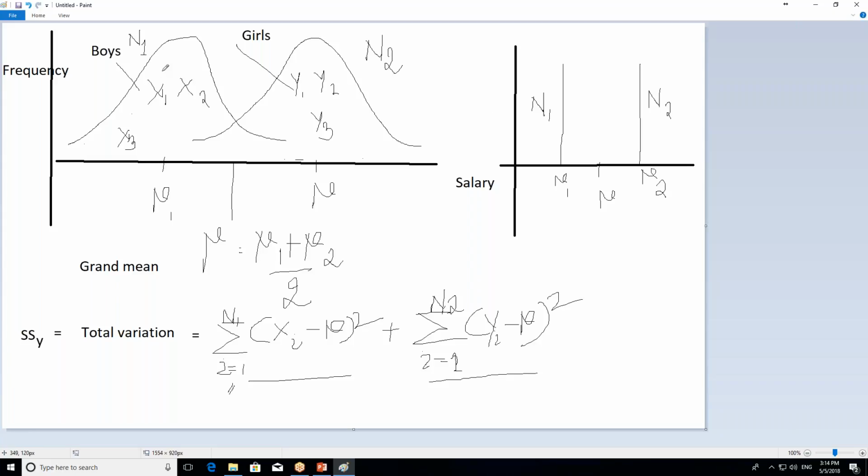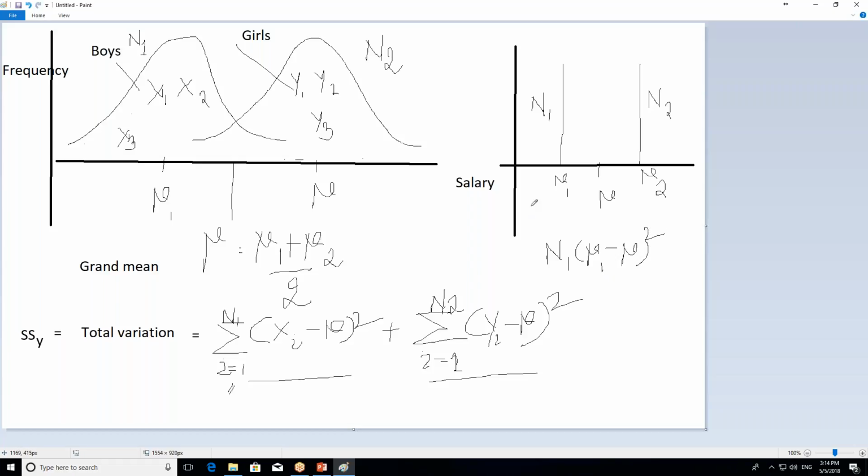Now all n1 points of boys collapse to their mean value. How many points do I have? N1 points, and all of them are mu1, and here I have n2. Now the sum of squares between the groups is n1 times mu1 minus mu, whole square.